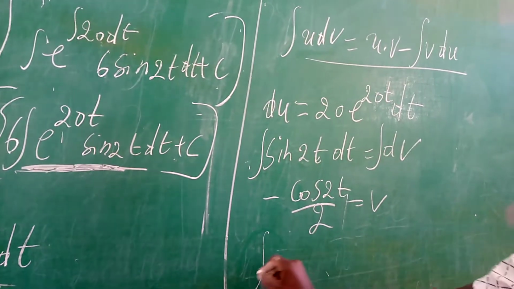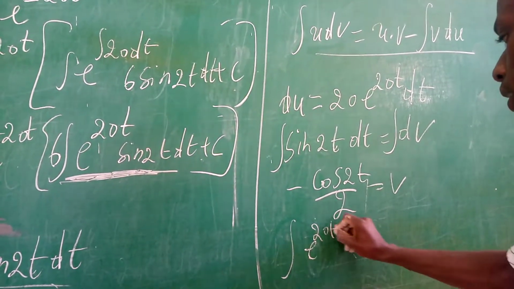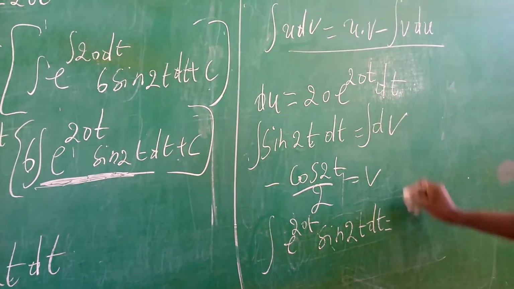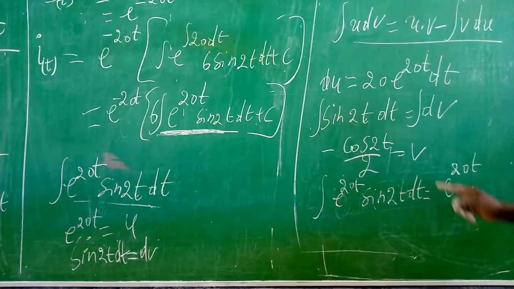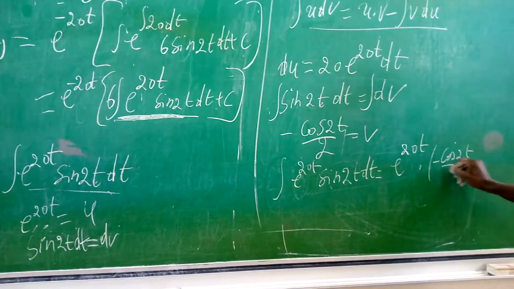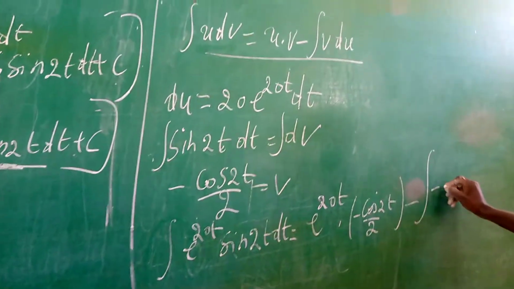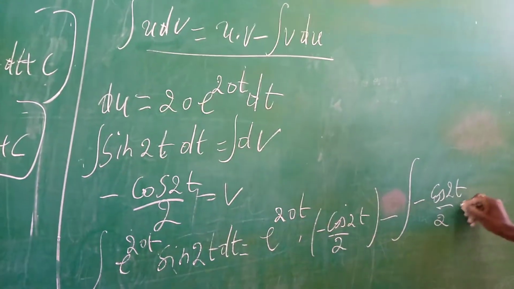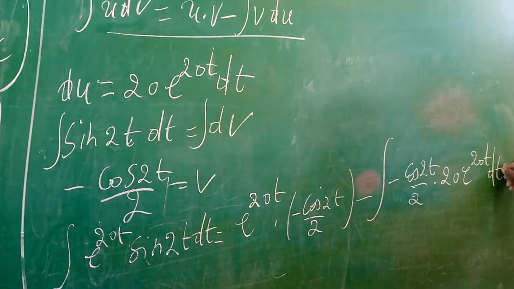So we will get the integral of u dv, which is e to the power 20t sin 2t dt, equal to u, which is e to the power 20t, times v, which is negative cosine 2t over 2, minus the integral of v, negative cosine 2t over 2, times du, which is 20 e to the power 20t dt.